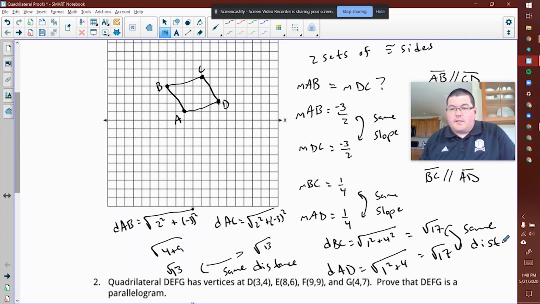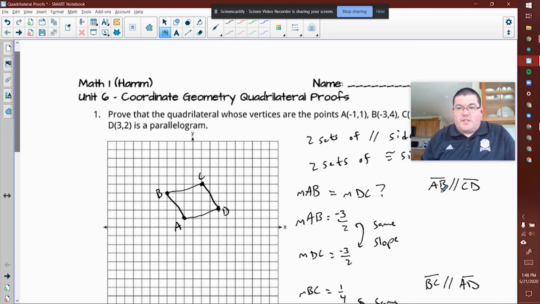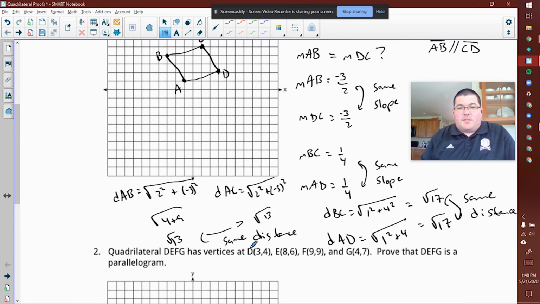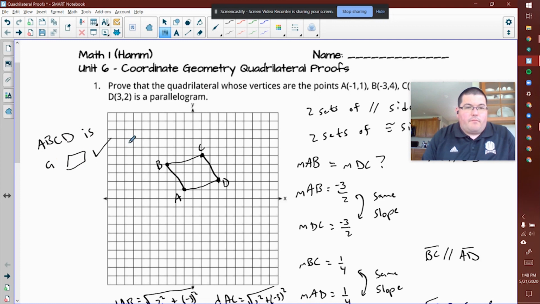And so we've got the same distance. And so now, because we have two sets of parallel sides, and those same sides are congruent, we can now say with certainty that the quadrilateral ABCD is a parallelogram.